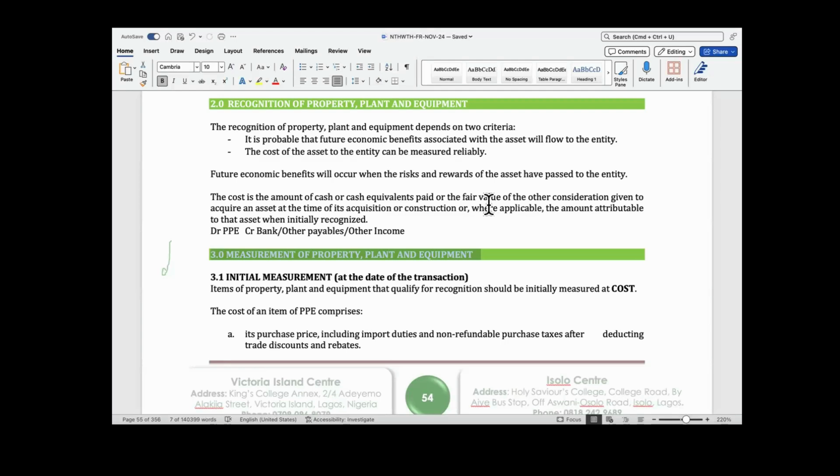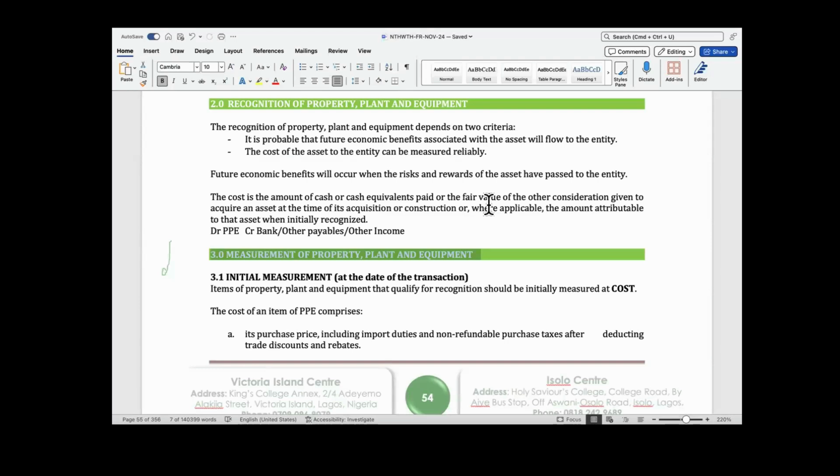Okay, so that's really talking about if you did not pay for this asset. That's one. And number two is that there are some scenarios where there will be an exchange of assets. So maybe you have a motor vehicle, you want to use it to collect a generator.